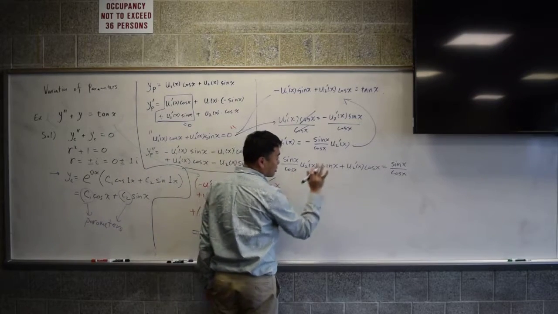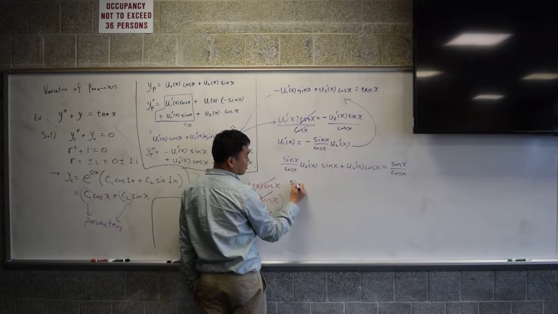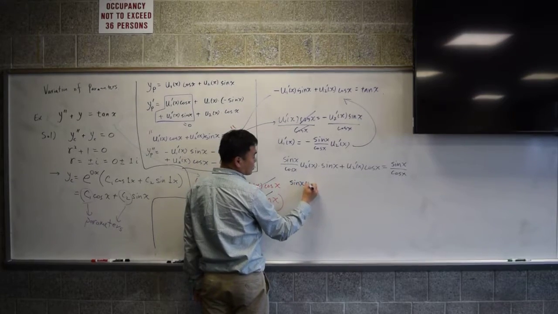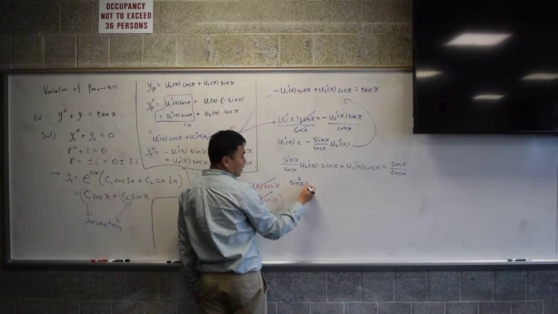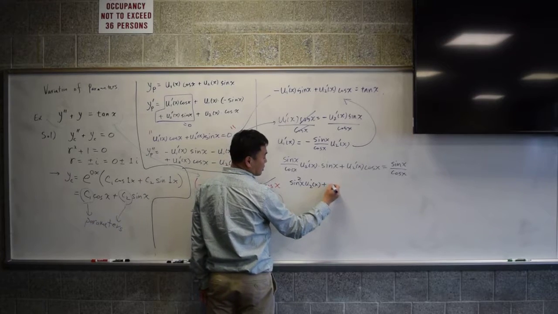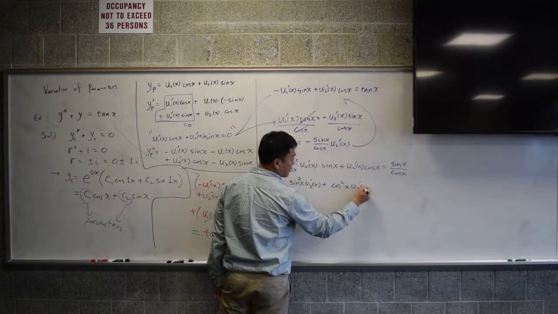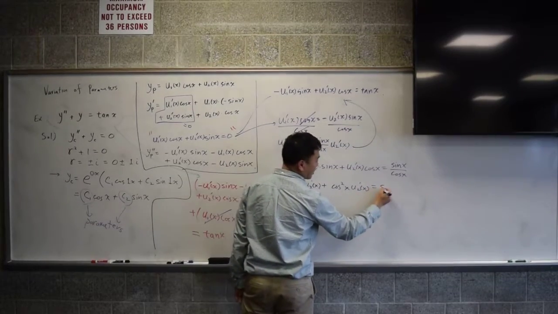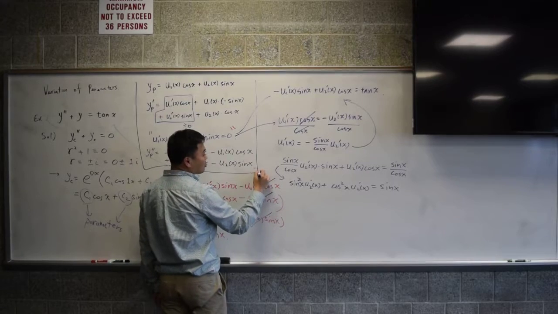So all the cosines can be deleted if I multiply by cosine x, which gives you sine squared of x times u2 prime of x, plus cosine squared of x, u2 prime of x, equals sine x. That's what I get after multiplying cosine x everywhere.